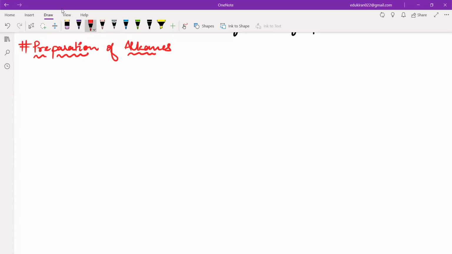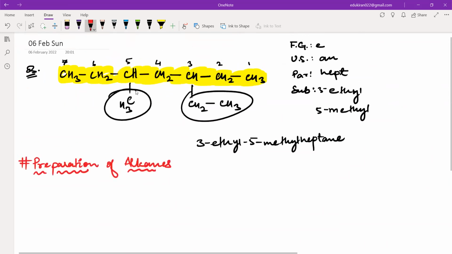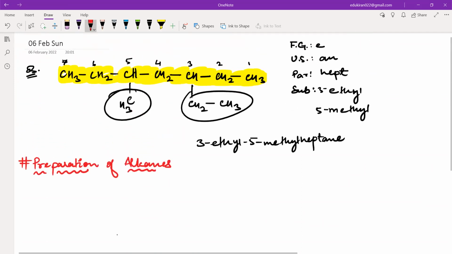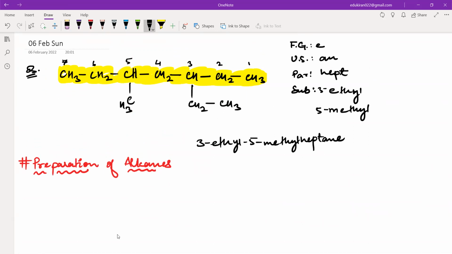Sir, can you tell me the lowest locant thing? What does the rule state? I don't remember it per se. But think about it like this: there are only two ways of numbering any main chain after you have identified it. Either you can go one way or the other way, and in one of those two ways, the substituents will sum up to the least number.